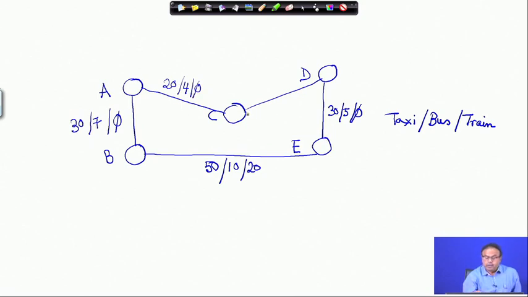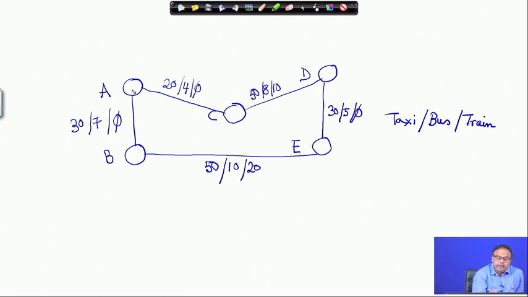Here C to D it is 50 rupees, again 8 rupees and by train it is say 10 rupees. So, this is the picture.